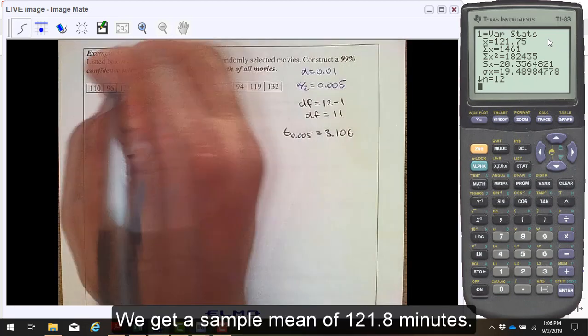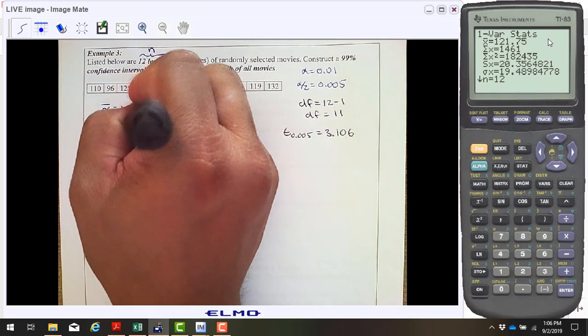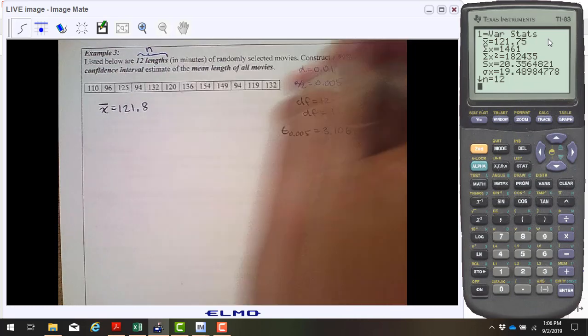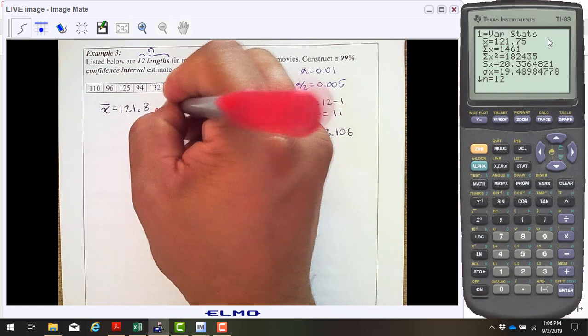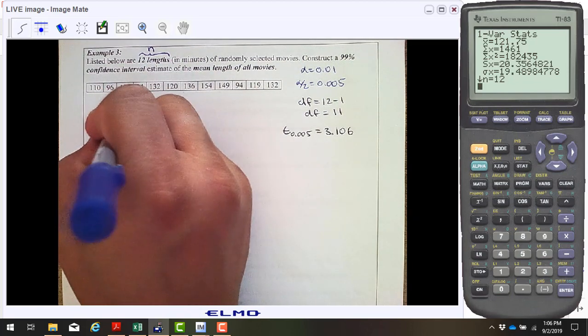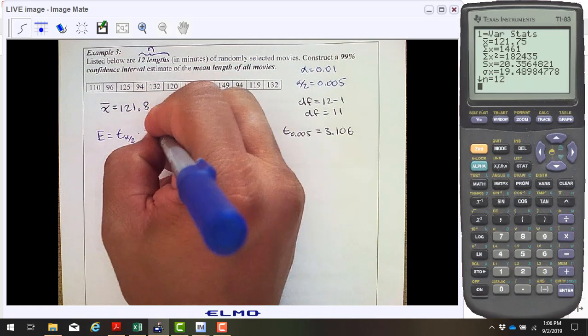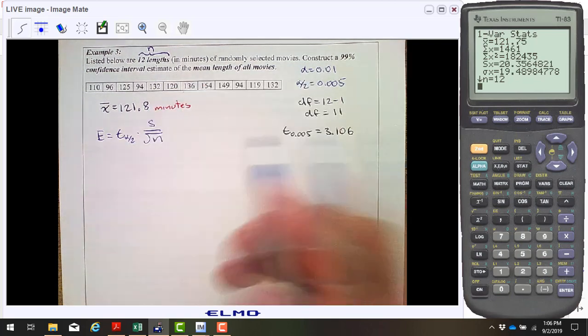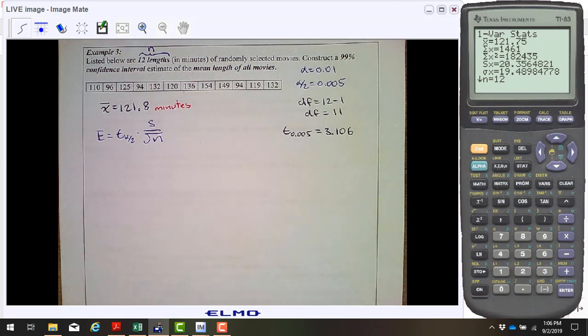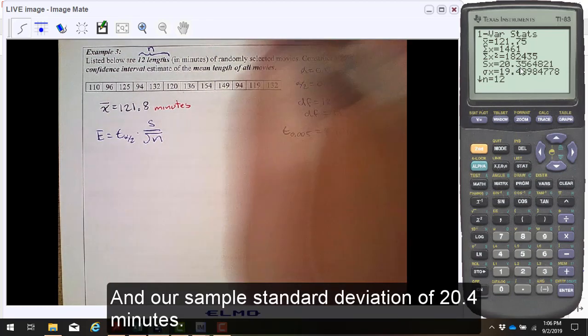We get a sample mean of 121.8 minutes, and our sample standard deviation of 20.4 minutes.